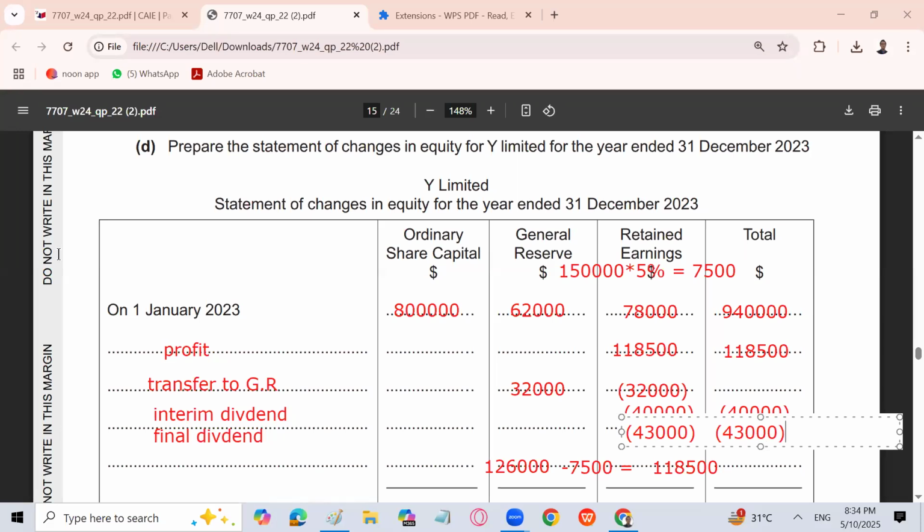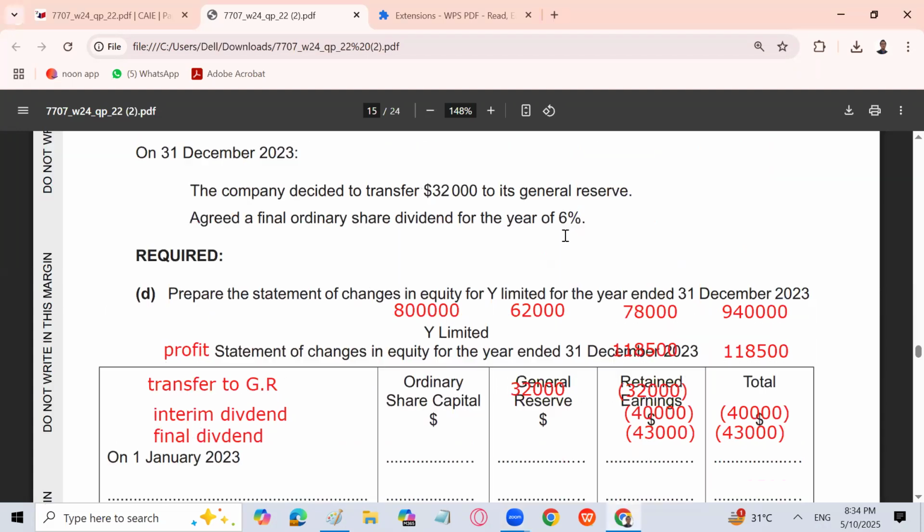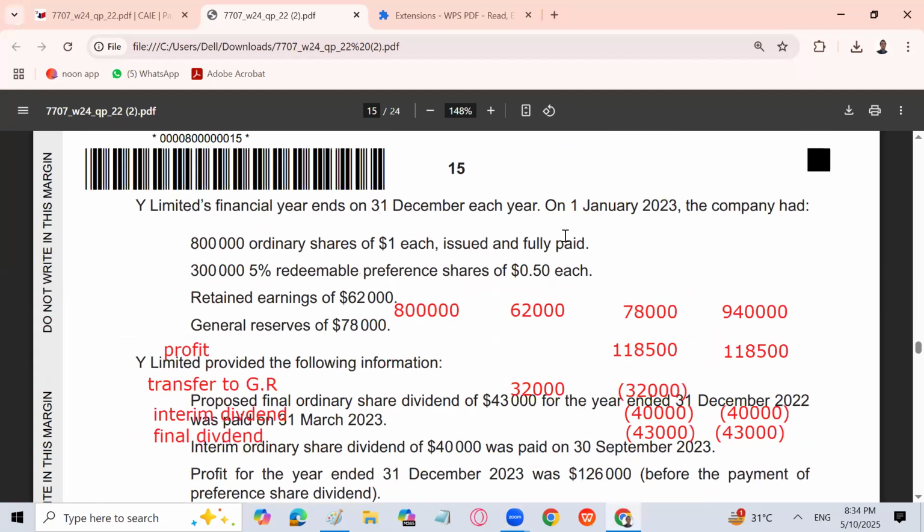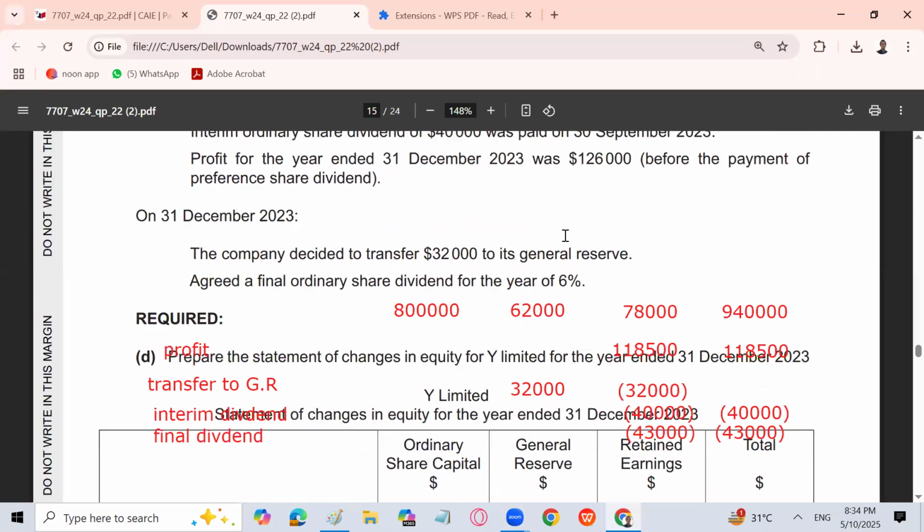And then I'm going to go for the total of this to record the answer, which is basically required in the question, because I just want to go for the total of the column. Okay, let me check. Sorry. Retained earnings are 62,000. General reserve is 78,000.